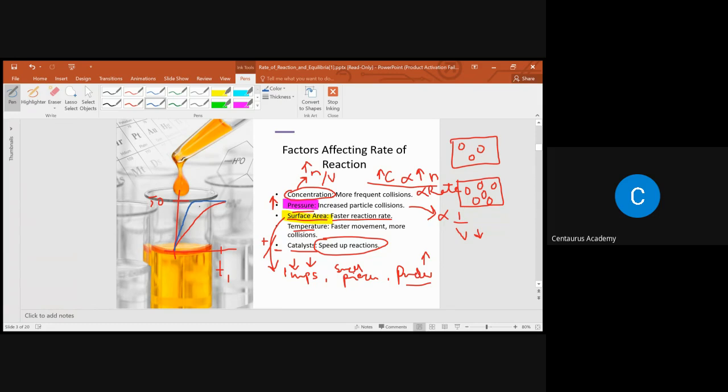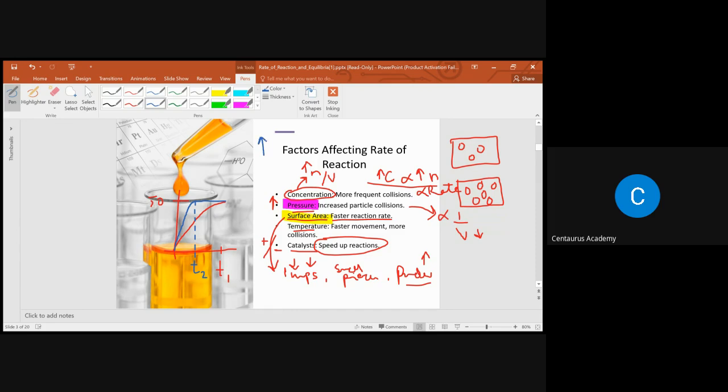If you look at this graph, you can see that this will be your new time. This t2 is the new time for the second experiment. And this blue line, which is the second experiment, represents that the rate of reaction has increased. How? Because it has a steeper curve.